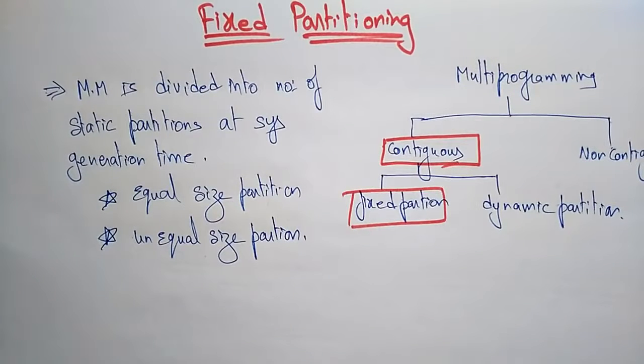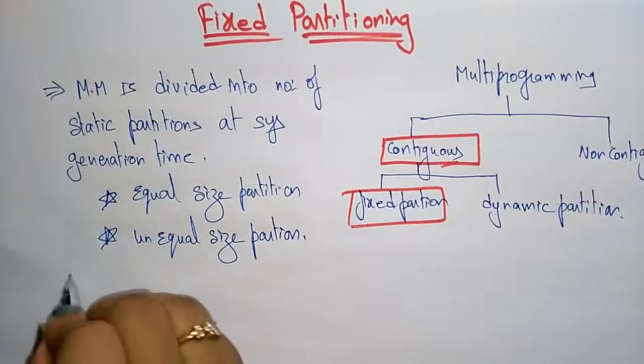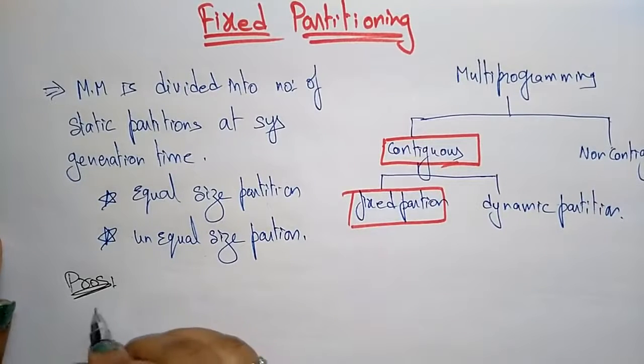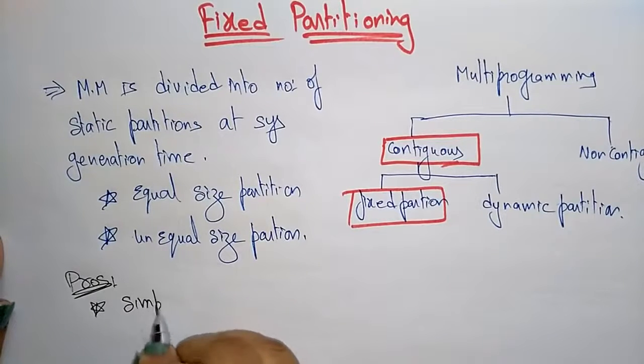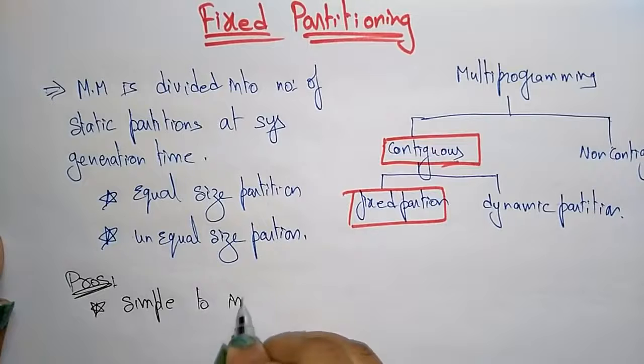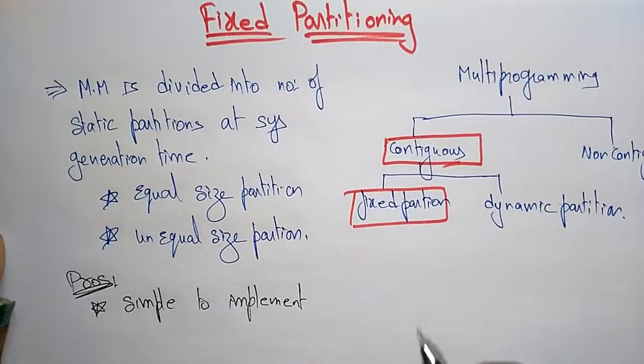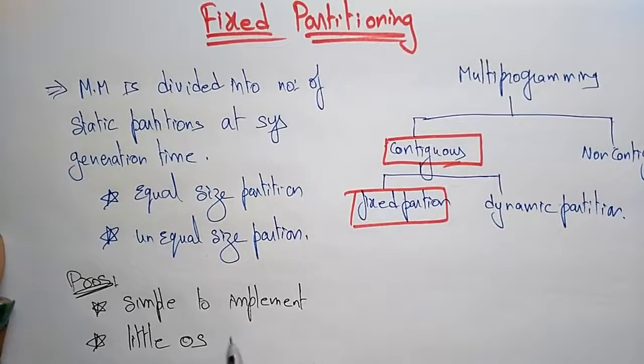Now let us see the pros and cons of this fixed partition. After that I'll take one example. The pros: it is simple to implement, and there is only little operating system overhead.